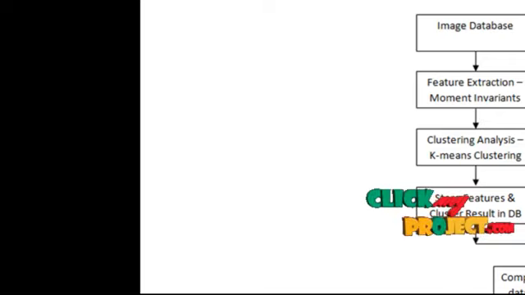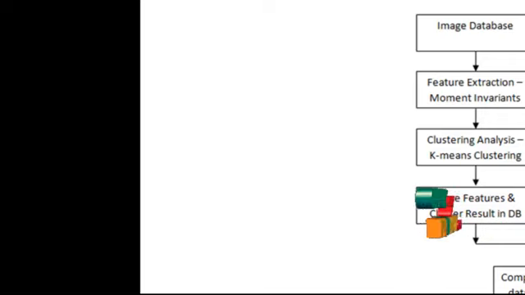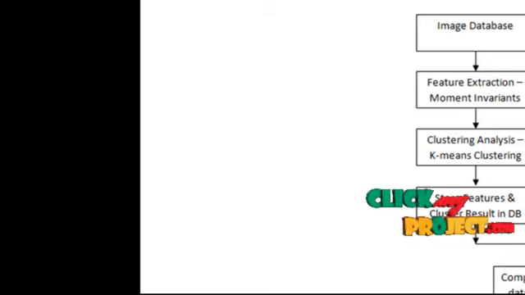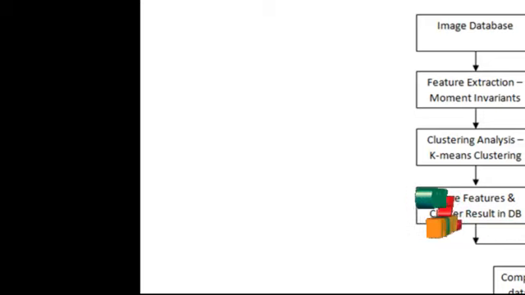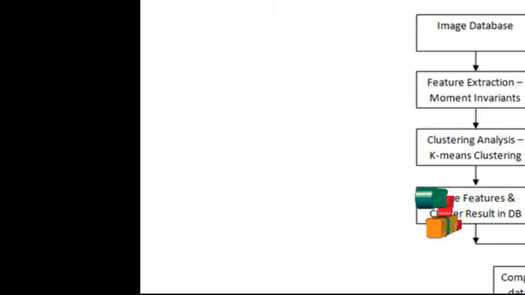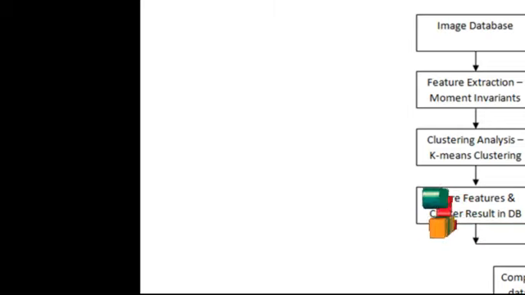In the query module, from the selected query image, the user selects 6 regions. Features of the selected regions are extracted using moment invariance. In the retrieval module, based on the computed features, similar images are clustered.